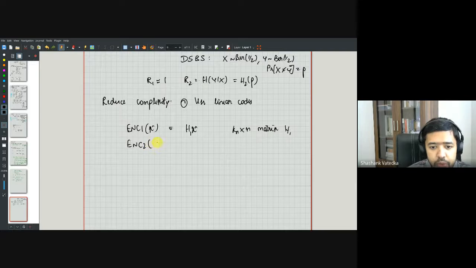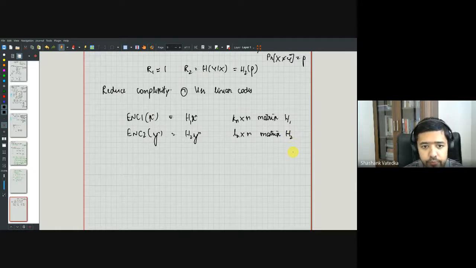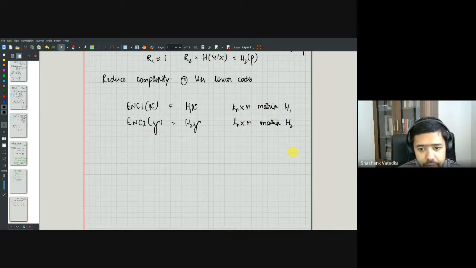And encoder 2 does something similar. So it multiplies yn by some matrix H2, which is ln by n. All right. This is what the encoder does.